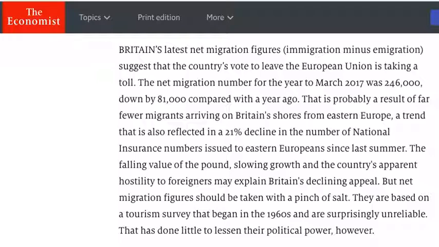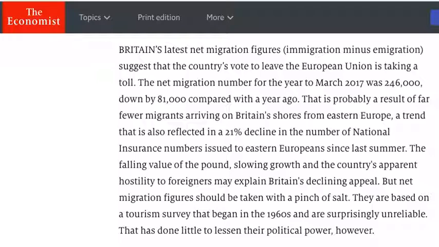But my net migration figures should be taken with a pinch of salt. There's an excellent expression. Pinch of salt. I'll make a video on that for you. Should be taken. There's a recommendation. A modal, should be taken. They are based on a tourism survey that began in the 1960s and are surprisingly unreliable.